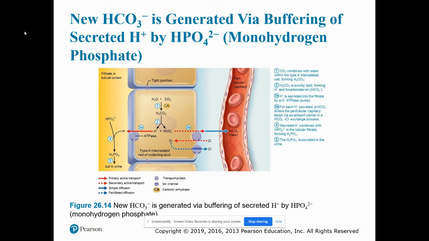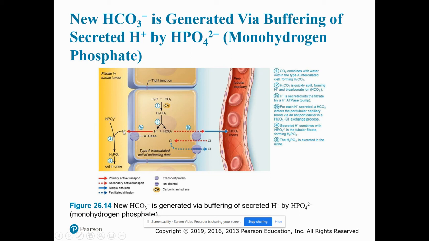So what we have here: carbon dioxide combines with water, and it's going to form carbonic acid. This gets split into a hydrogen ion and a bicarbonate. The bicarbonate is going, well, first we'll look at the hydrogen ion. The hydrogen ion is going to be secreted into the filtrate by a hydrogen ATPase.